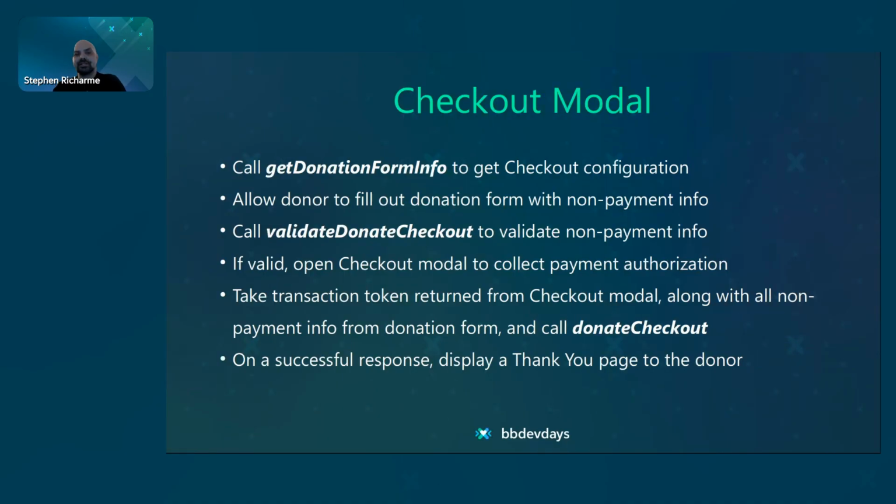And that transaction token, along with all of the rest of the payment information on the form, is then submitted to the donate checkout method, which is the method that is going to take all of that information, record the transaction in Luminate Online, and complete the payment transaction that was just authorized in the checkout modal. And of course, after a successful response, we want to display a thank you page to the donor.